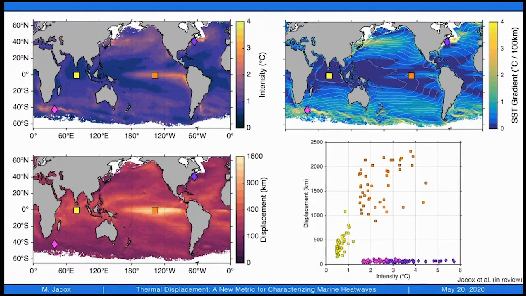So you can have to go quite far in some cases to get to that cooler water. And so these green and blue markers now are examples in the California current system and the Peru system. And they fall somewhere in between these really weak gradient tropical locations and the very, very strong gradient regions.